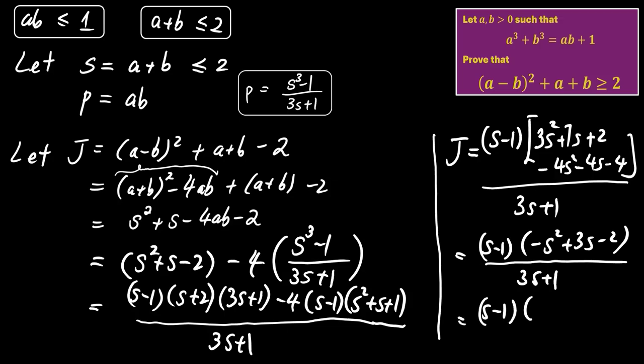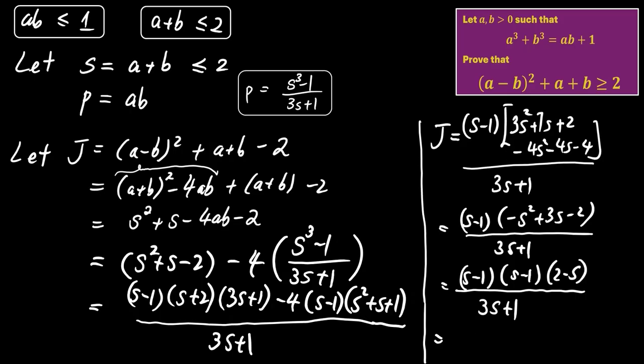This can be factorized as (s minus 1)(2 minus s) over (3s plus 1). Finally, it is (s minus 1) squared times (2 minus s) over (3s plus 1).